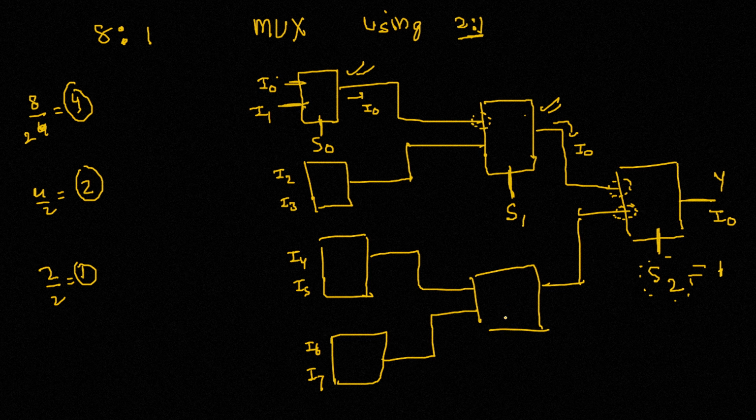So then we look at this particular mux. Here we have S1 as 0. So it takes input from this particular mux, and S0 is again 0. So the upper input line in this multiplexer will be taken, which is I4. So for this particular case, we have I4 as the output line.